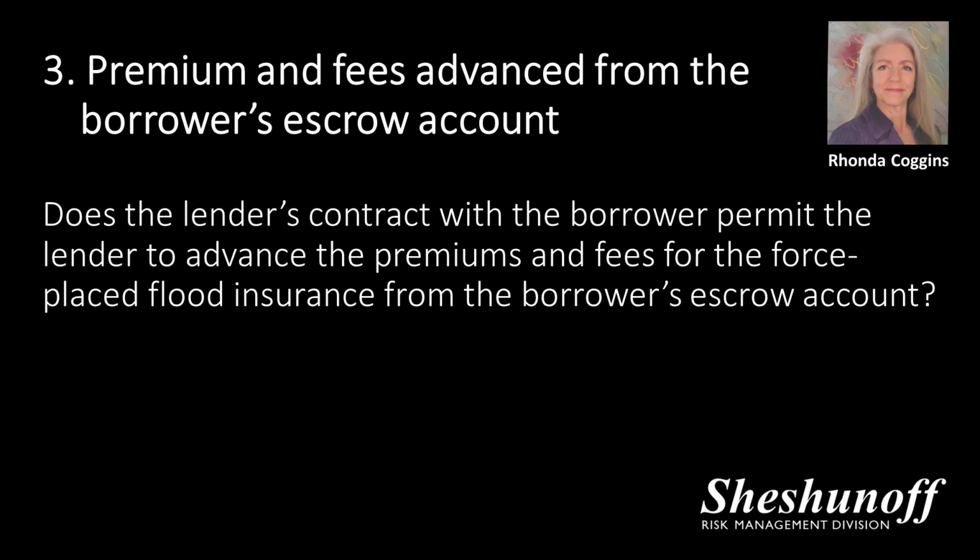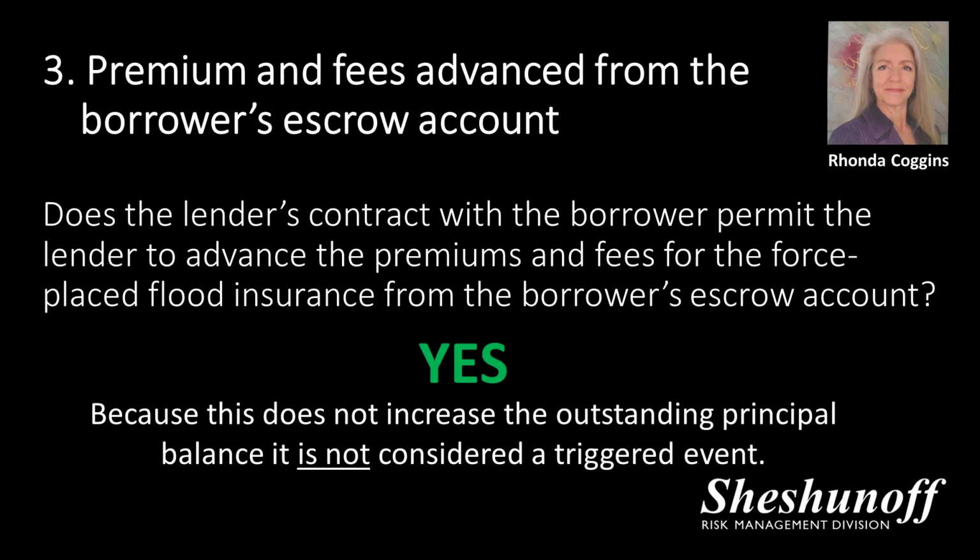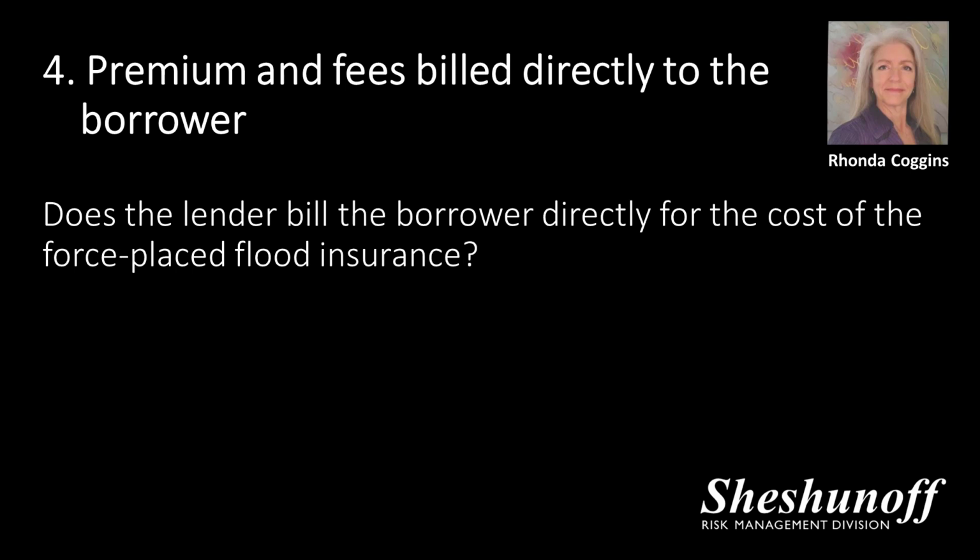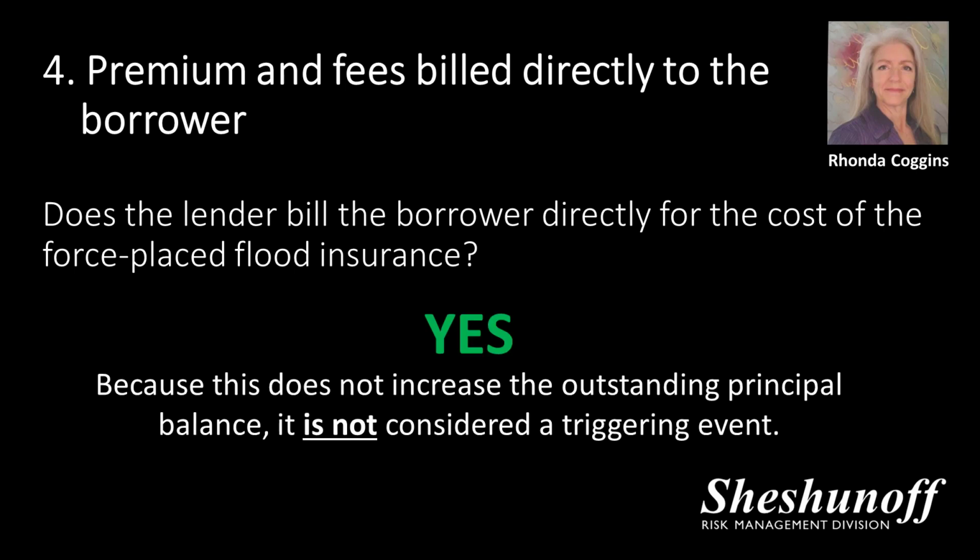If the lender's loan contract with the borrower permits the lender to advance the premiums and fees for the forced place flood insurance from the borrower's escrow account, this approach does not increase the outstanding principal balance and is not considered a triggering event. And fourth, premium and fees billed directly to the borrower. If the lender bills the borrower directly for the cost of the forced placed flood insurance, this approach does not increase the outstanding principal balance and is not considered a triggering event.